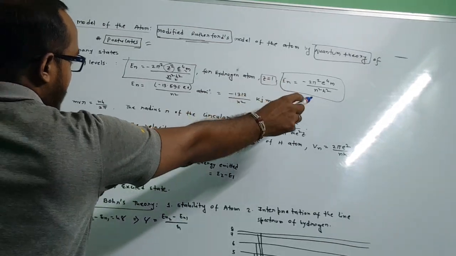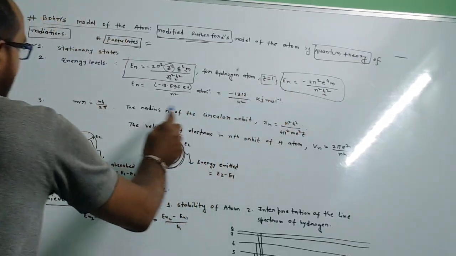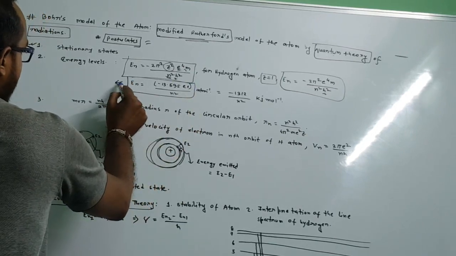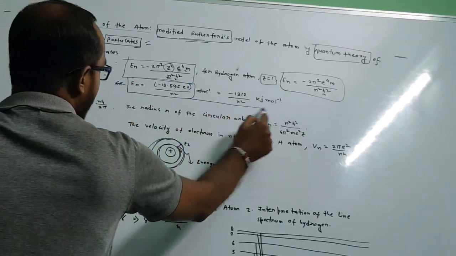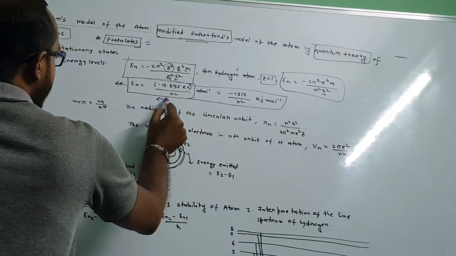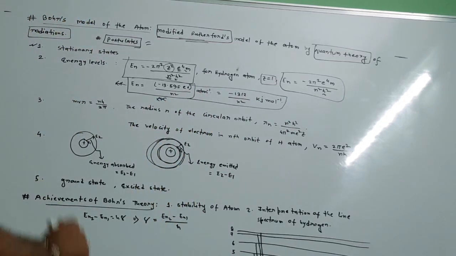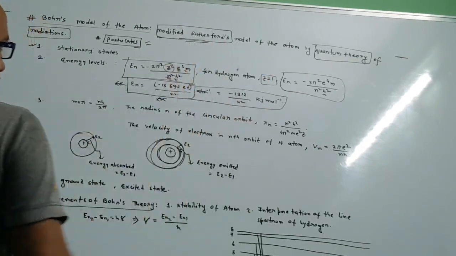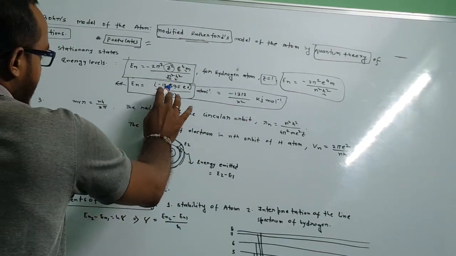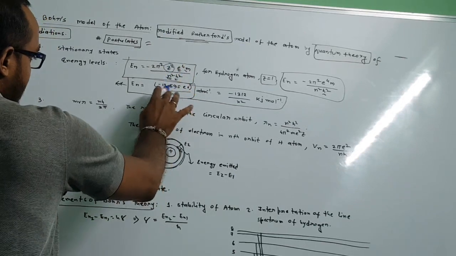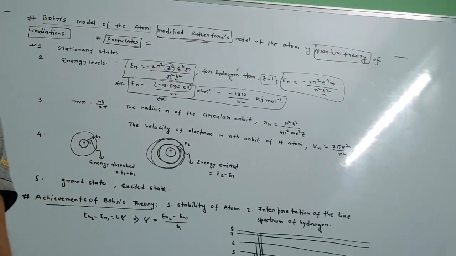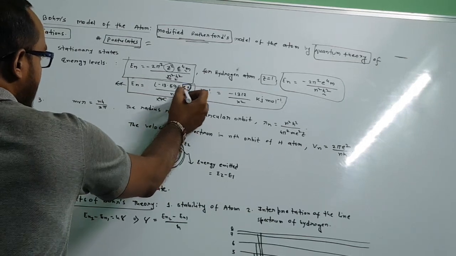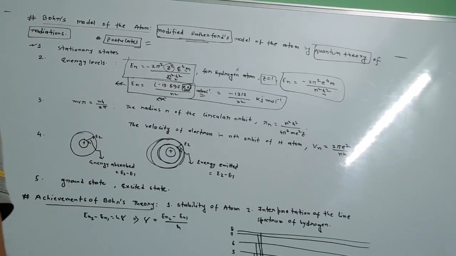If you put in all the values, pi square, the charge of an electron, the mass of an electron, and the Planck constant, you get the energy of the electron. Please remember this formula, the whole formula, it's very important. The energy of the nth orbit comes out to be, after putting in all the constant values, minus 13.6 by n square electron volt per atom.